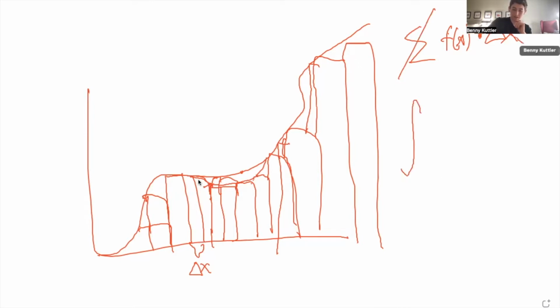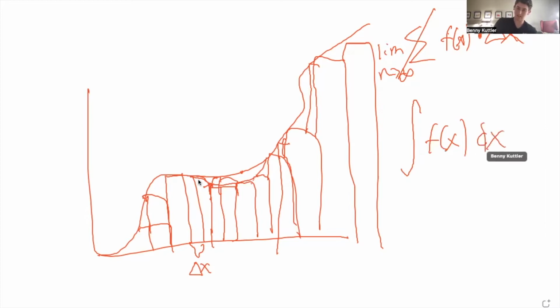And this delta x, we'll still have f of x. That delta x, when it gets really small, so we have the limit as n approaches infinity. So as the number of rectangles approaches infinity, their length gets really small. And as delta x, this length, gets really small, we change it to dx, which is just the limit as delta x approaches 0.